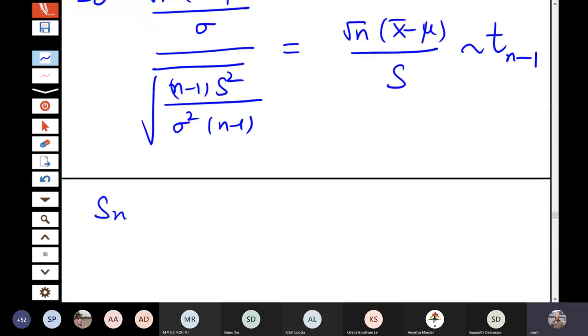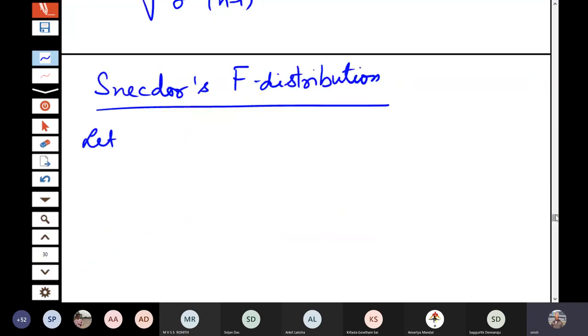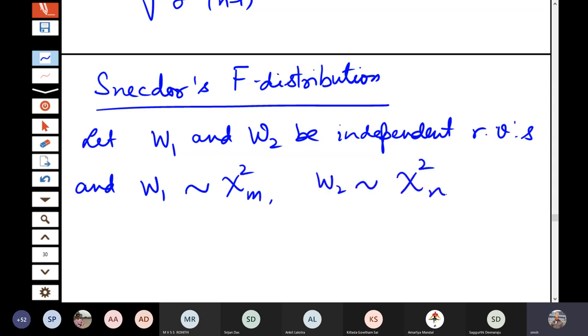It is known as the F distribution. So let W1 and W2 be independent random variables, and W1 follows chi square m, and W2 follows chi square n.